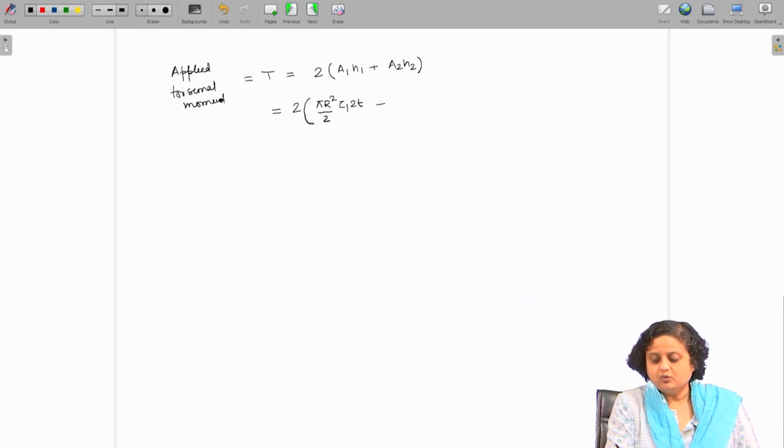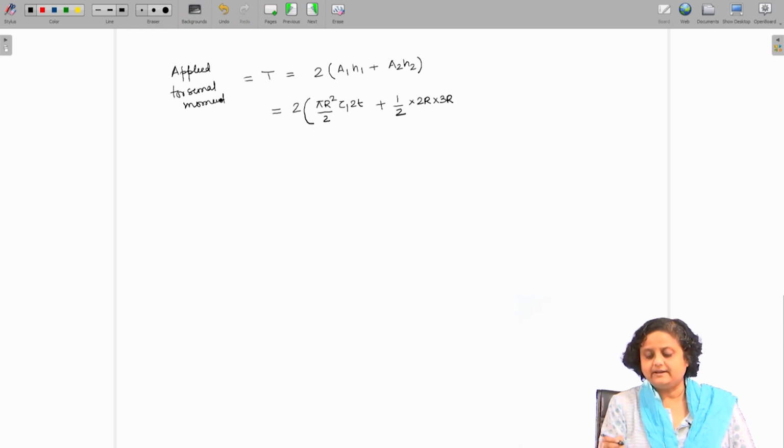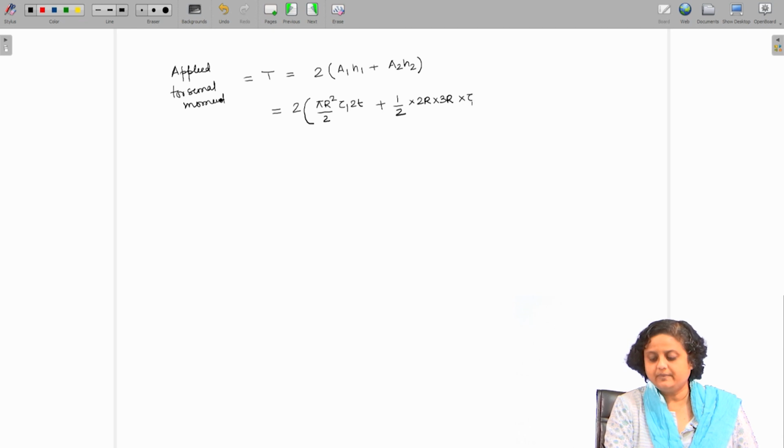and A2, on the other hand, is the area of the triangle, which is going to be half into base, that is 2r, into height, that is 3r. So, this is the area A2, and H2 is going to be tau 2 into t.